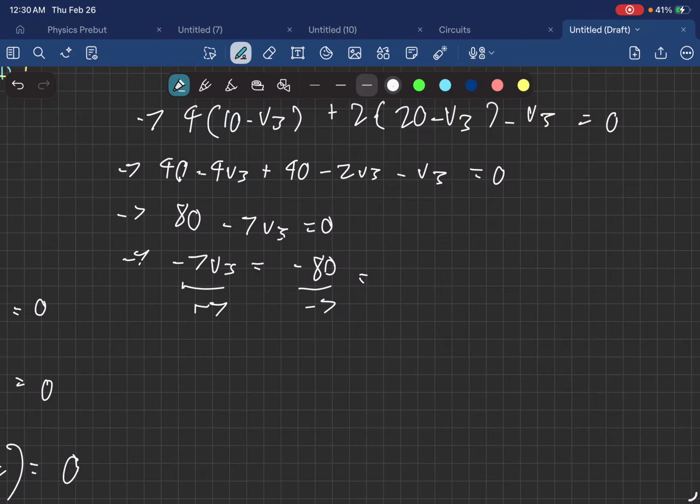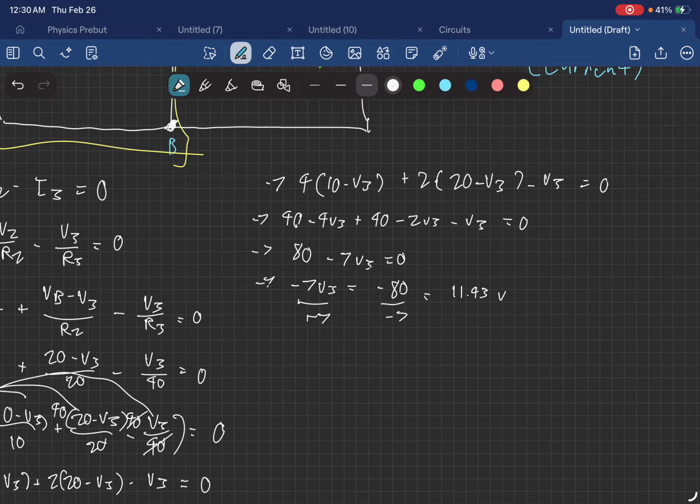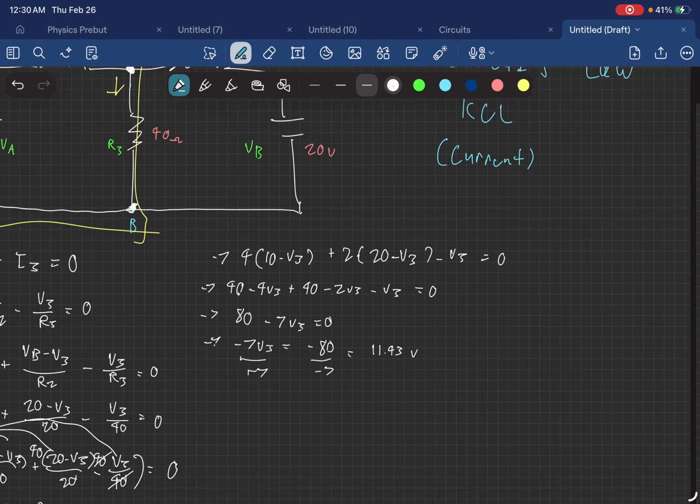Put this in the calculator. What is 80 over 7? It's equal to 11.43 volts. This is your V3.